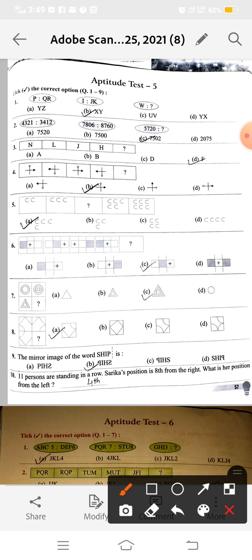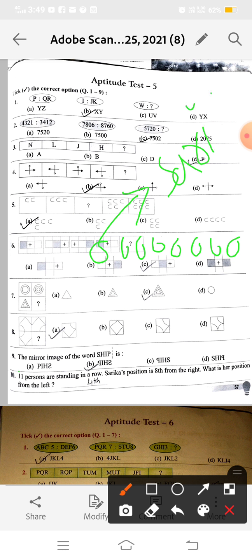Here 11 persons are standing in a row. Sarika's position is 8th from the right. It means 1, 2, 3, 4, 5, 6, 7, 8. This is Sarika.